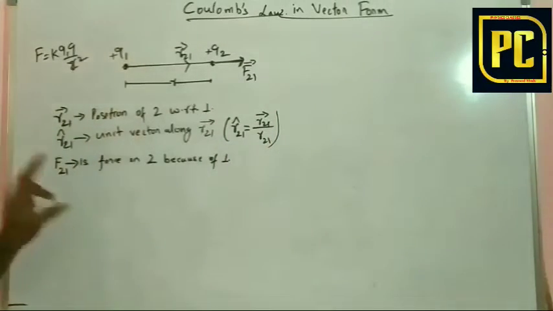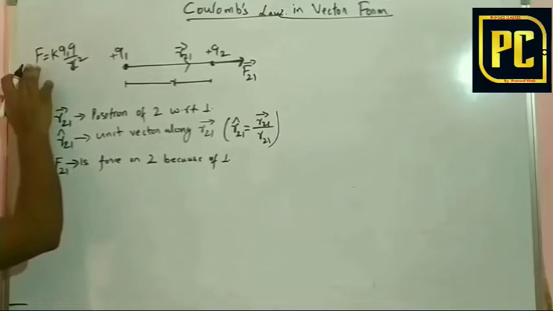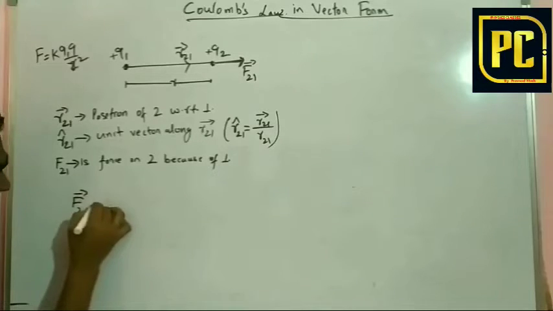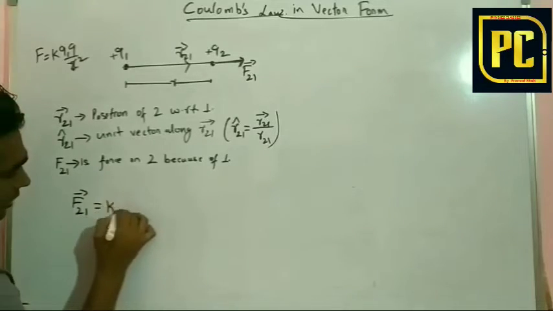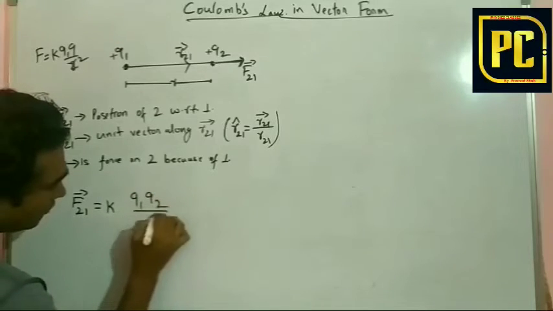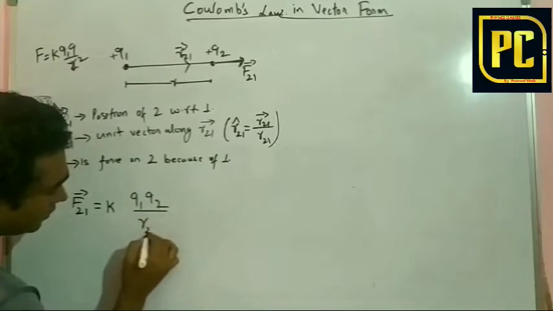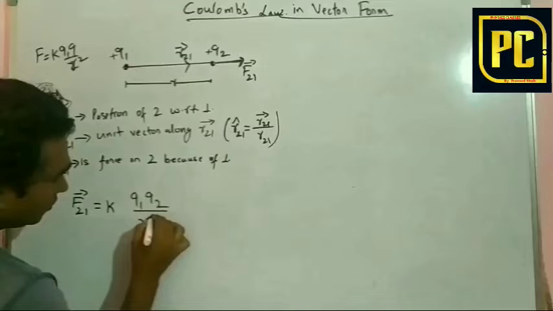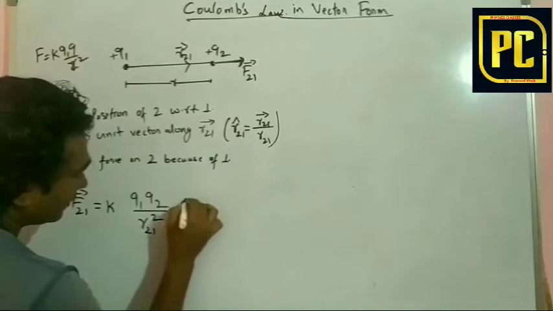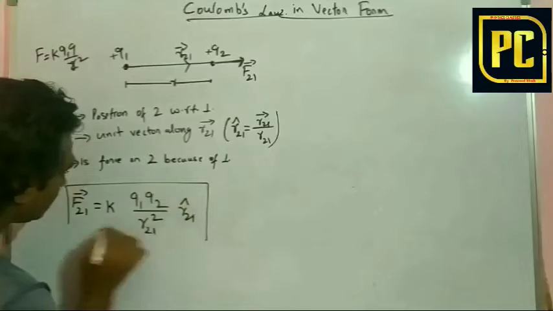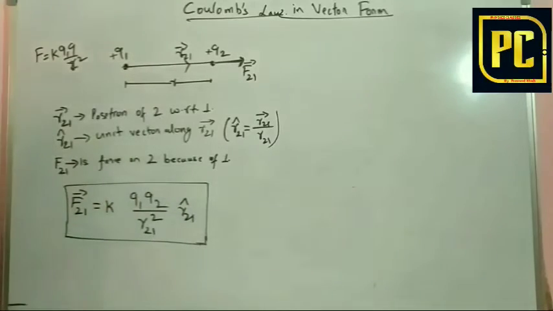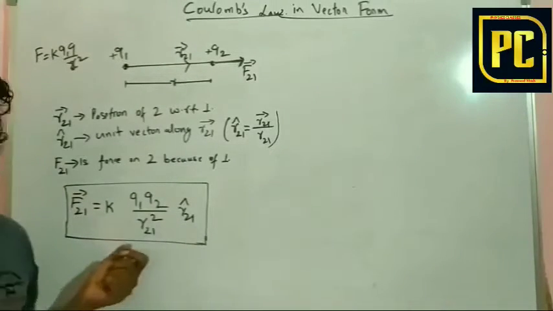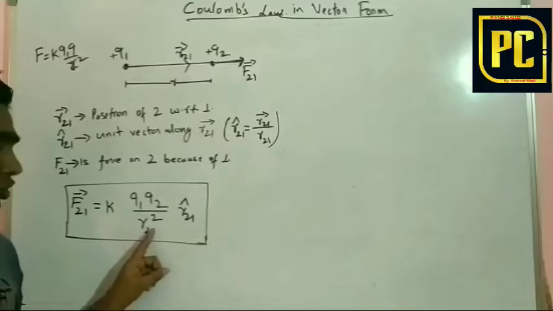If I write this force in scalar form, it is this. If I write it in vector form, F21 will be K Q1 Q2 by R21 square R21 cap. So this is your Coulomb's law in vector form. One more thing: in books, many times you see this with a cube.